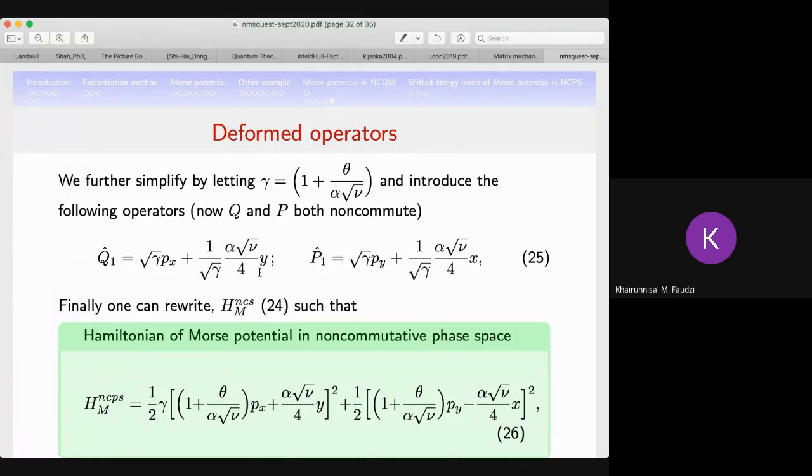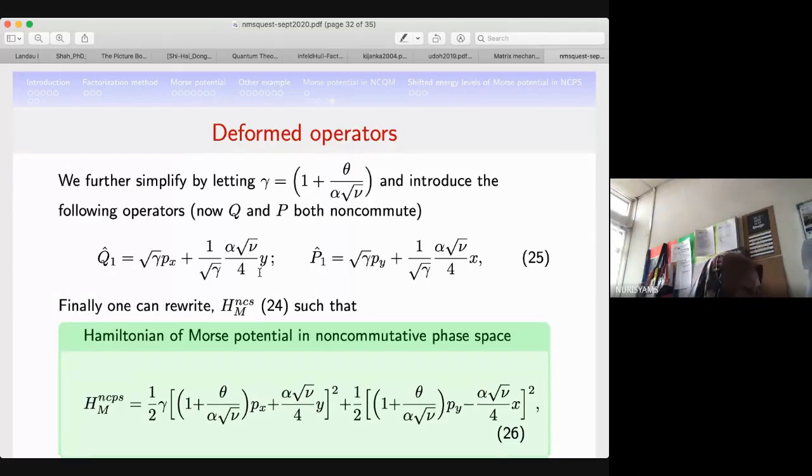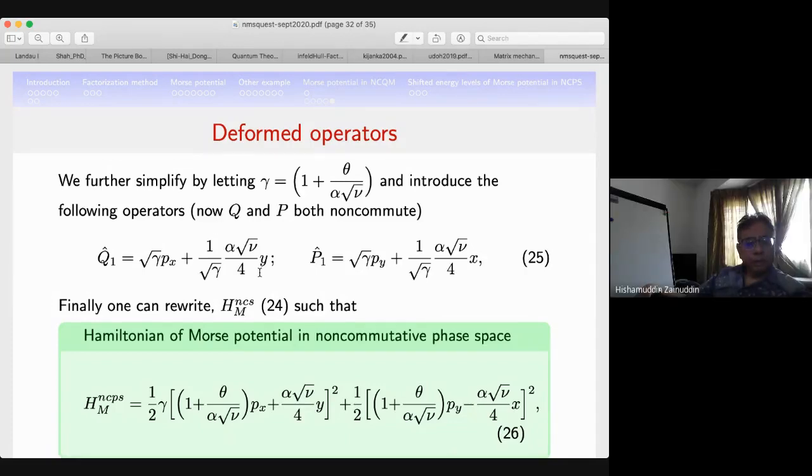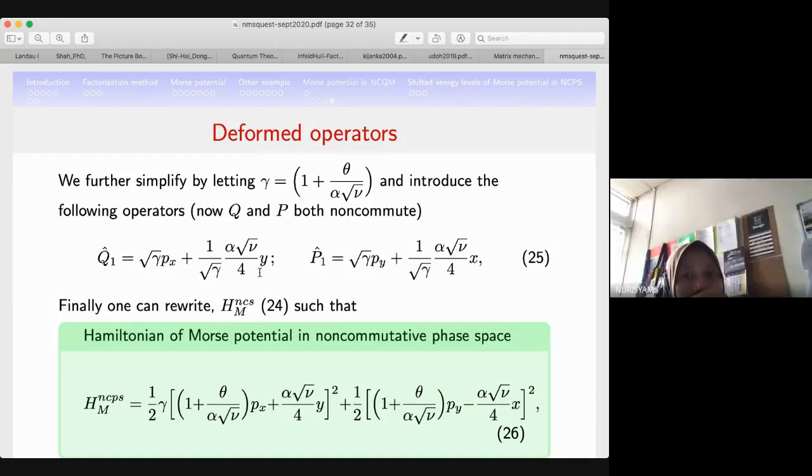I don't know, because for Q1 you have the equation, and for Q2 you also have one. Maybe the worksheets, just my suggestion. So Q1 is a summation, P1 is a summation. Did I miss any minus sign there?